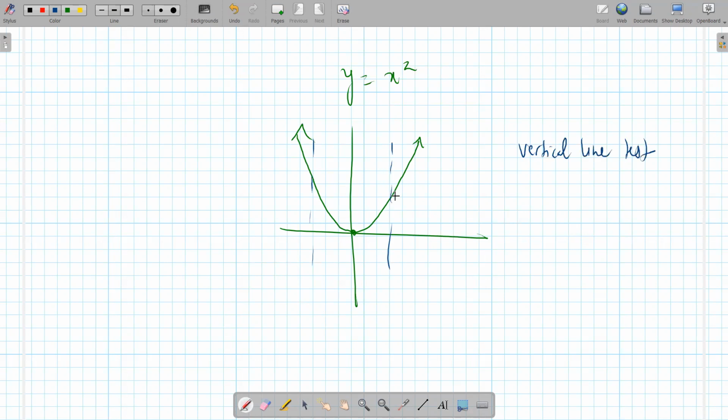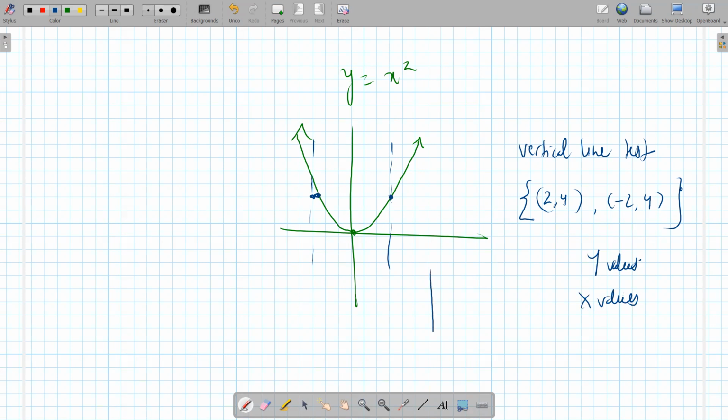Now, what is actually going on here? If you were to write this in coordinate form, let's say that's (2, 4), and this point right here on the graph is (-2, 4). You agree with this? So you see here, the y values can repeat, that's fine. But x values cannot repeat.